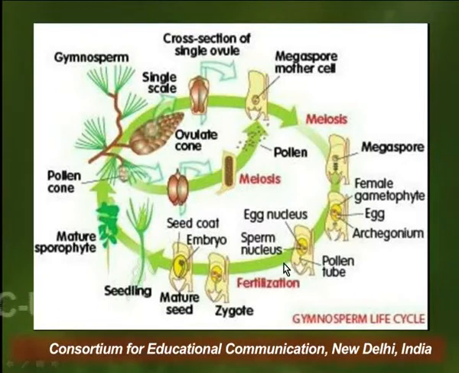This pollen tube fertilizes and the zygote is formed, and then the mature seed is formed. And then from these mature seeds, after germination, a new sporophytic generation is born.